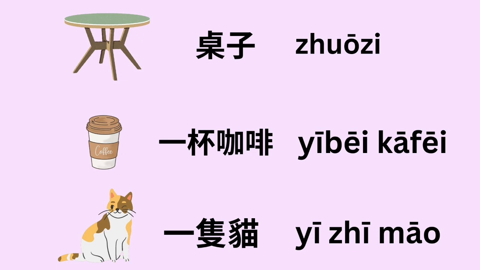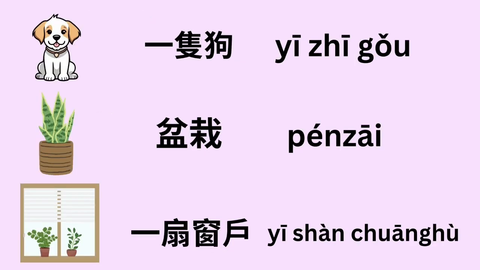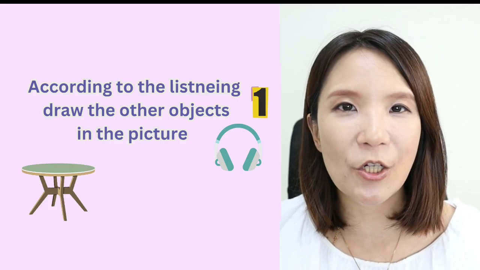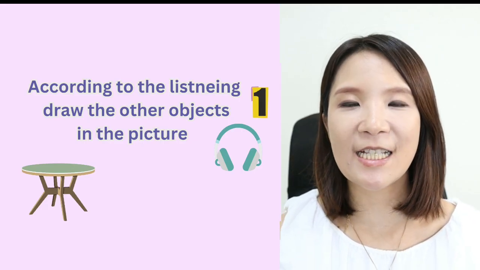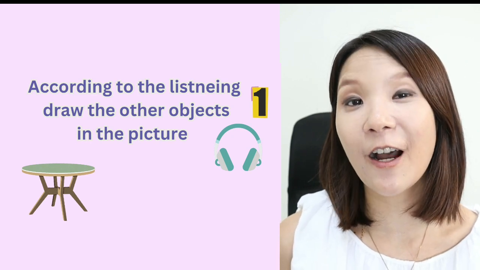You will also learn 一只狗 a dog and 盆栽 potted plant 盆栽 and 一扇窗户 a window 一扇窗户 window and 扇 is the measure word for window 一扇窗户 Now, I want you to look at the picture and listen to my Chinese and draw what you hear on your paper.